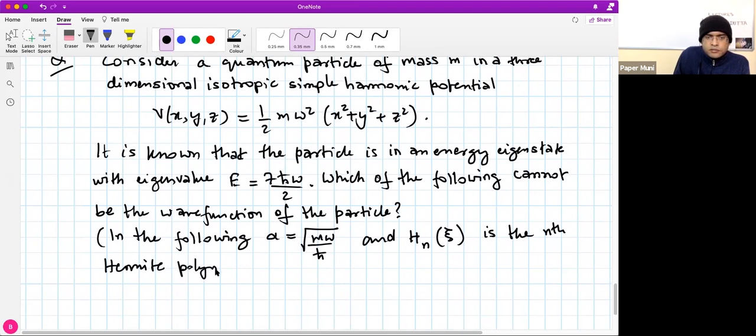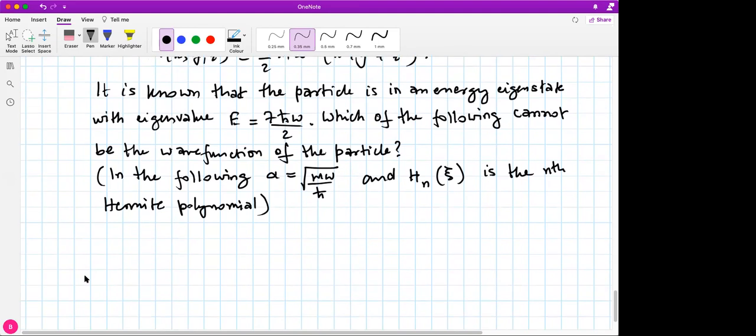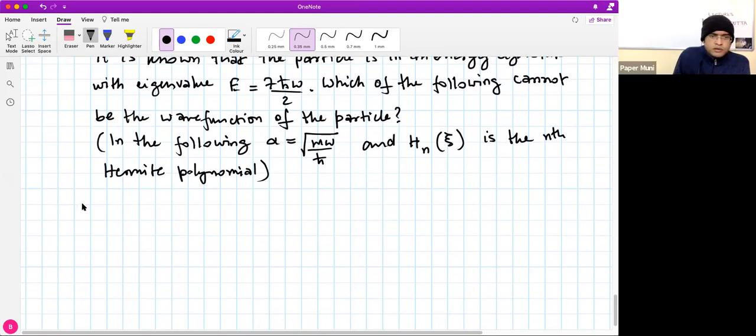This is the description given to you. Now let me write down the options. So should I change the screen? Is it okay with everyone? Yes, sir. All right. So let me write down the options.